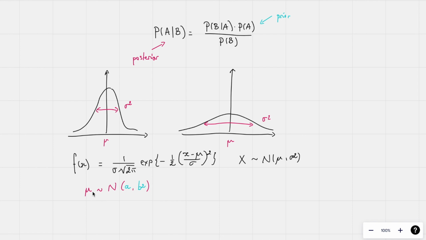So we say that first we draw mu from a normal distribution whose parameters are a and b, which are known, but mu is unknown because mu is random.